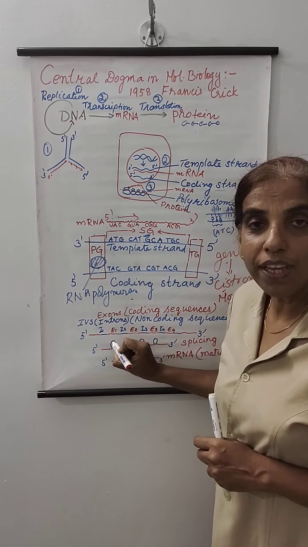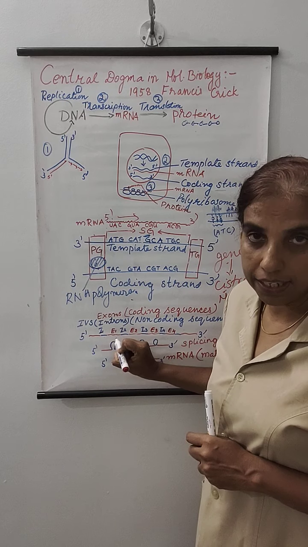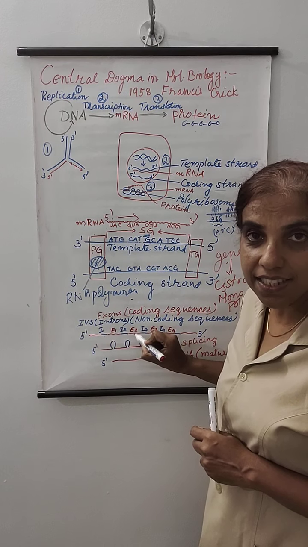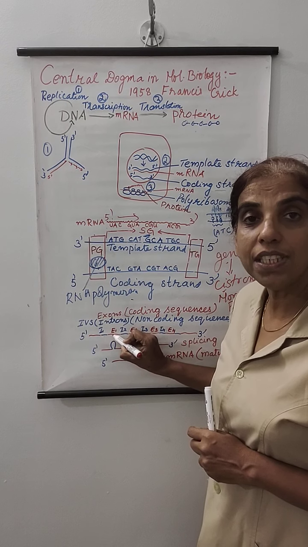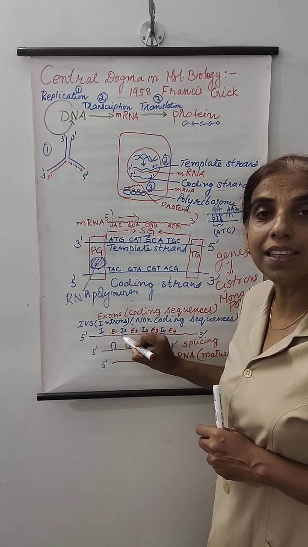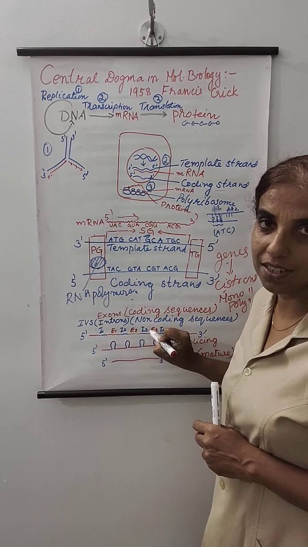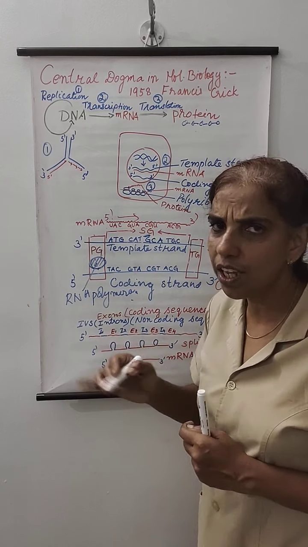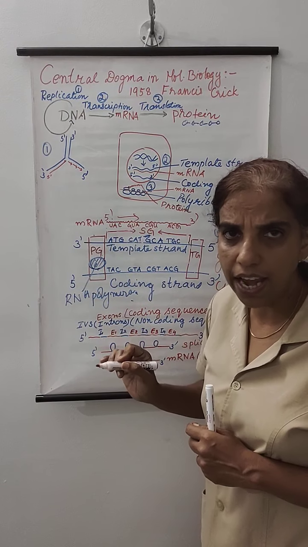So, when we look at the immature messenger RNA, two distinct regions are there. Exons, which are the coding sequences, and introns, which are the non-coding sequences. Now we require only the exons. Introns we have to cut and throw away.